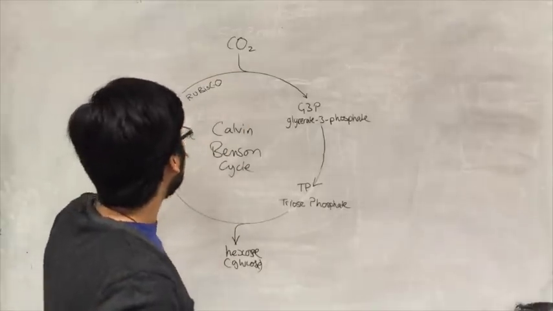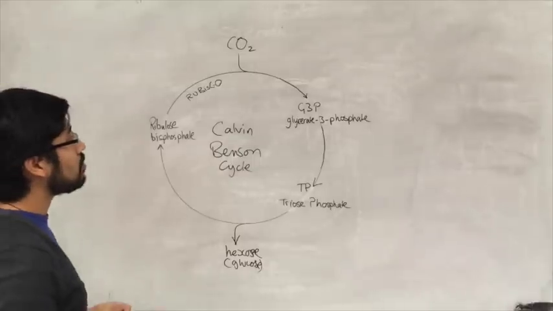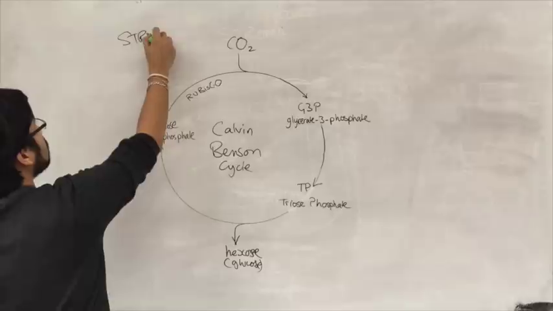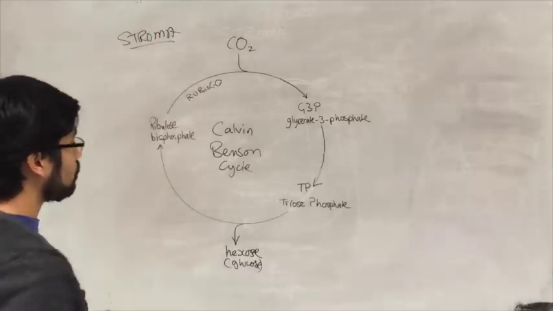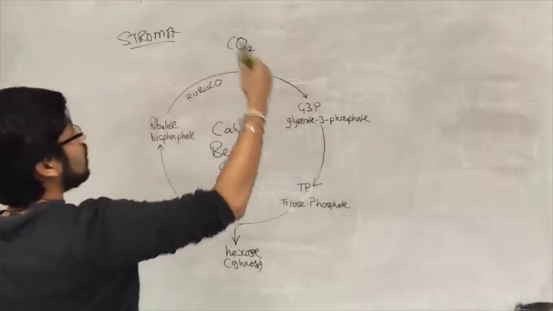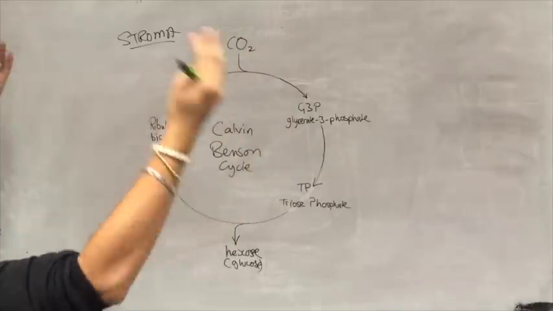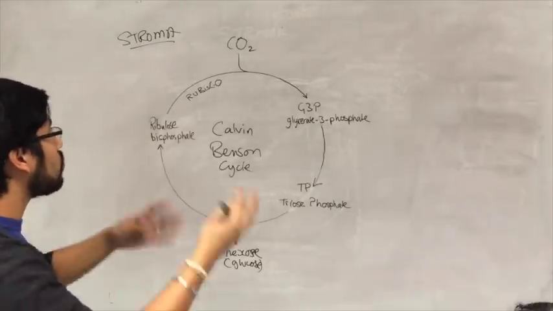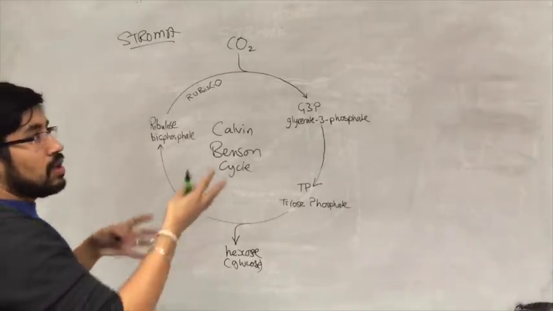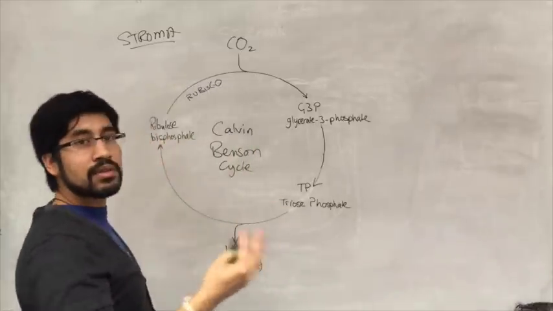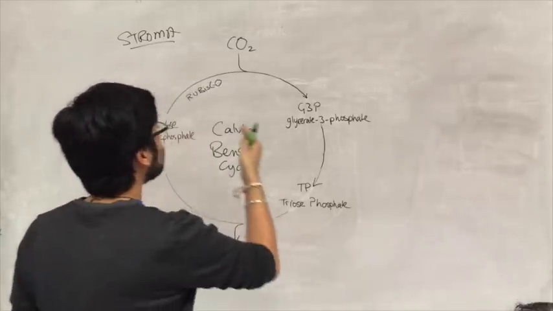Okay, so let's have a look now at this. Remember, this is happening in the stroma. Okay, and so let's begin. Carbon dioxide comes in from the atmosphere, diffuses into the leaf, through all the fluid cytoplasm, and then eventually makes its way into the chloroplast, into the stroma.